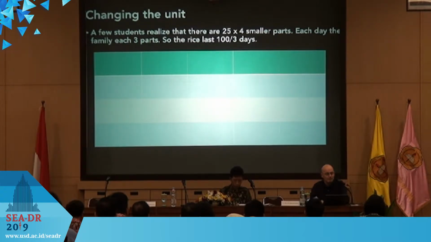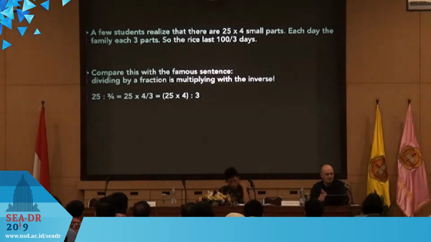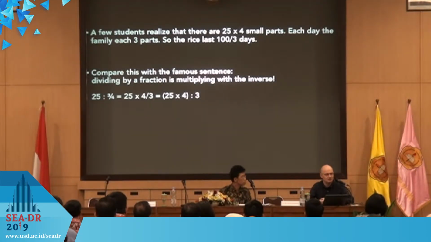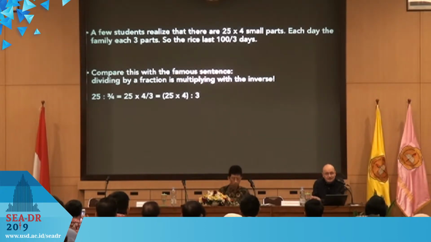And they come up with, they were not there yet, but that famous sentence, dividing by a fraction is multiplying with the inverse. 25 divided by 3/4 is 25 times 4/3. That is what the children did.